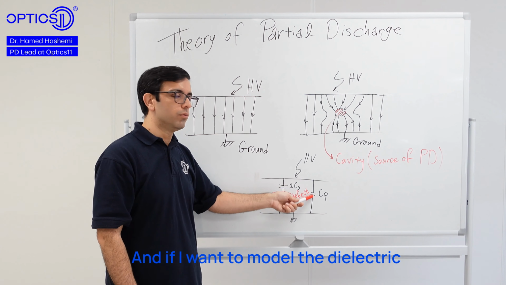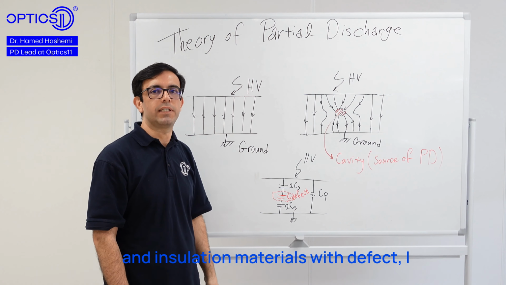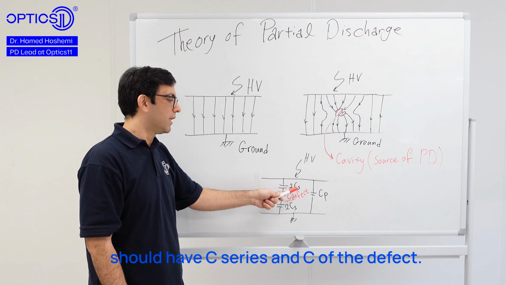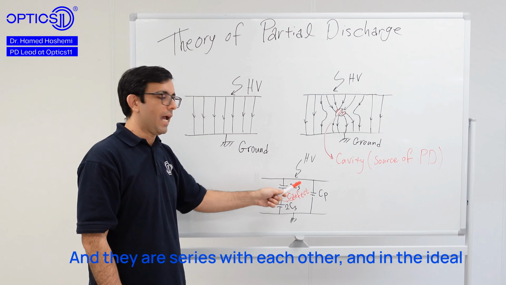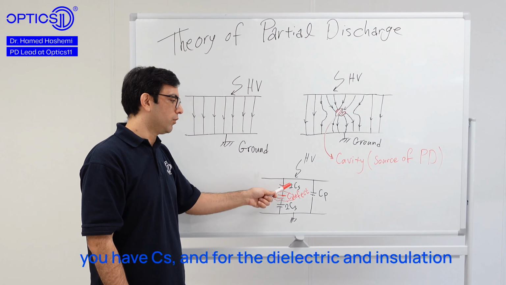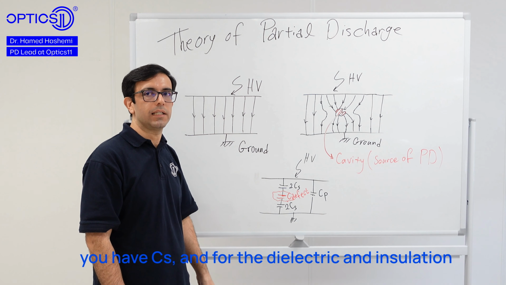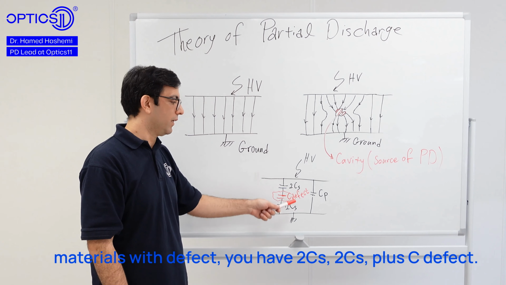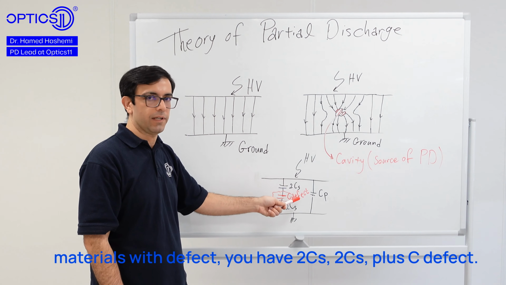And if I want to model the dielectric and insulation material with a defect, I should have C series and C defect, and they are in series with each other. In the ideal case you have CS, and for the dielectric and insulation material with a defect you have 2CS plus C defect.